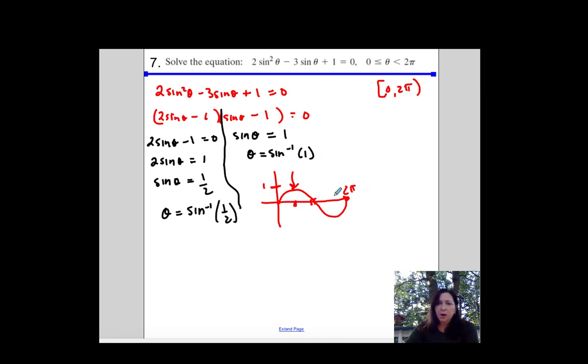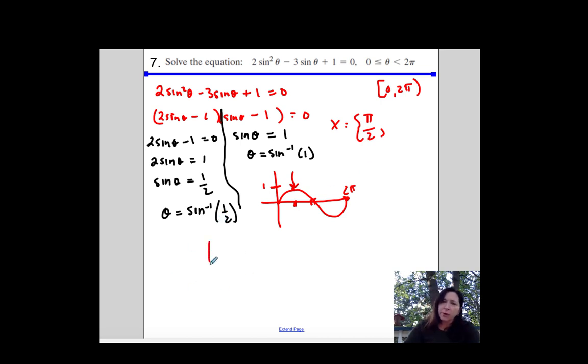From 0 to 2 pi, it's right there only at pi over 2. So far, this is saying theta is equal to, so this is a little confusing because this is saying theta, meaning degrees, and this is saying put your answer in radian form. So I'm just going to keep it in radian form, so I'm going to make this an x. So this is going to be pi over 2.